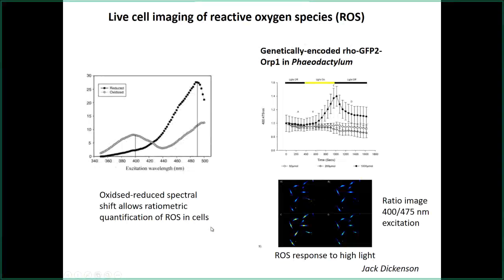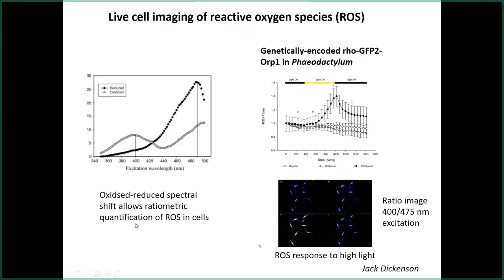And some of these reporters have a very useful property in that their spectrum shifts when they either bind an ion or they become oxidized or reduced. In the case of this reactive oxygen reporter, the excitation spectrum of the reporter shifts when it's in a reduced state from the oxidized state.